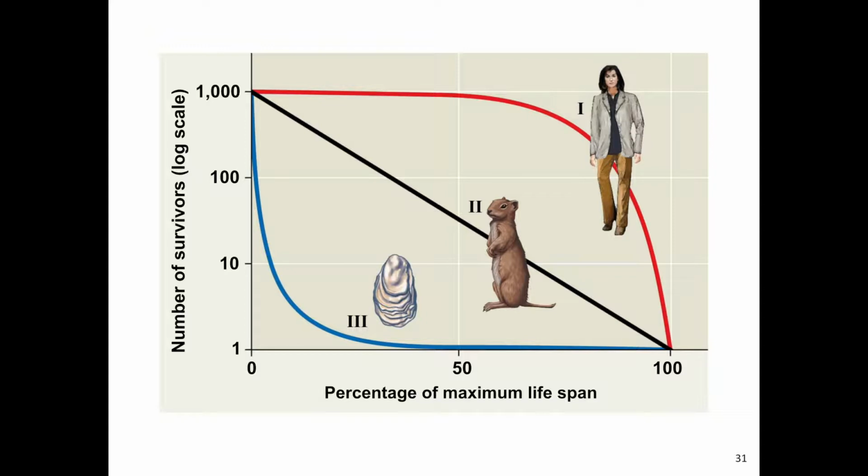These two strategies reflect an evolutionary trade-off. Think of it this way: a reproductive individual has access to a finite amount of resources and can invest either in many inexpensive young or few well provisioned, well protected offspring.